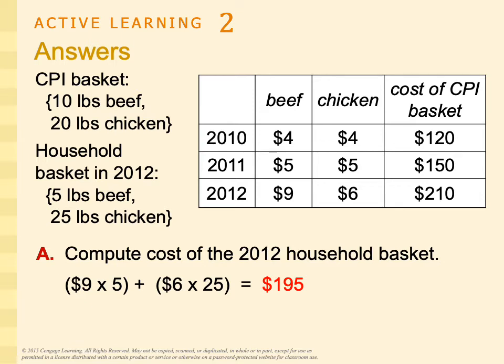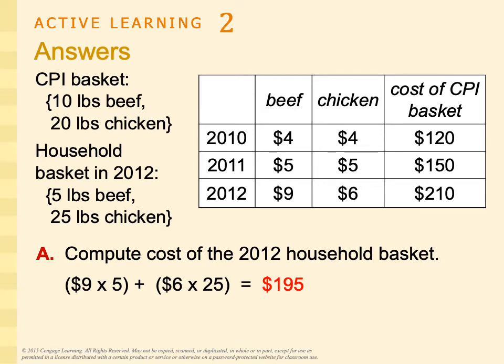Okay, so hopefully you're starting to see what substitution bias is, right? Because we had households substituting chicken for beef since beef got relatively more expensive, and because of that, they saved money compared to if they had stuck with the original CPI basket, right?